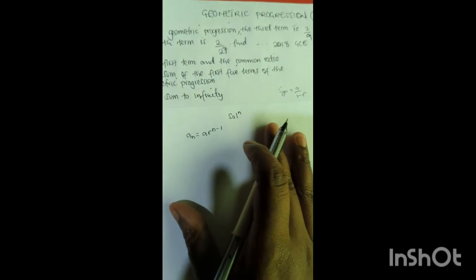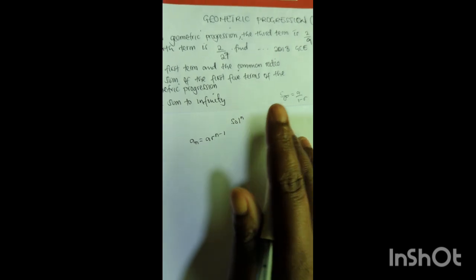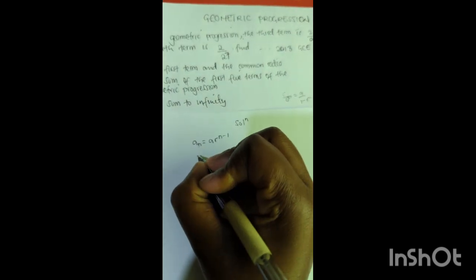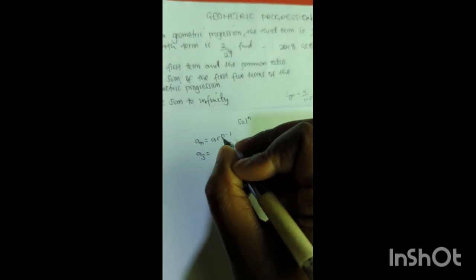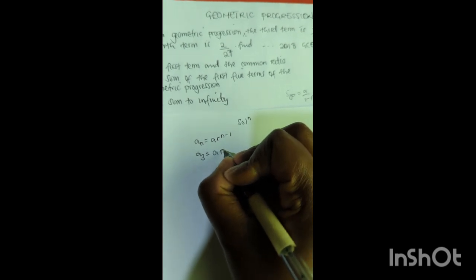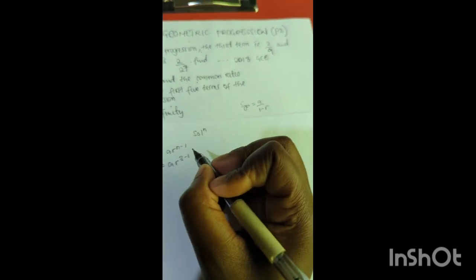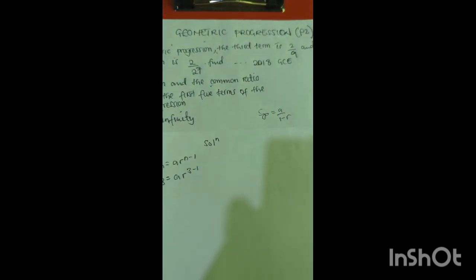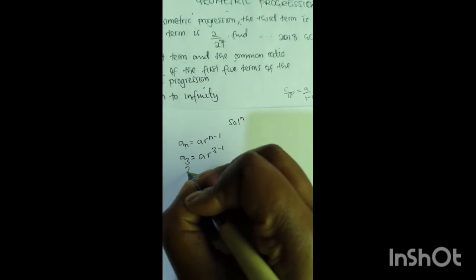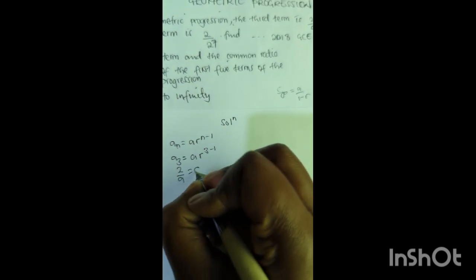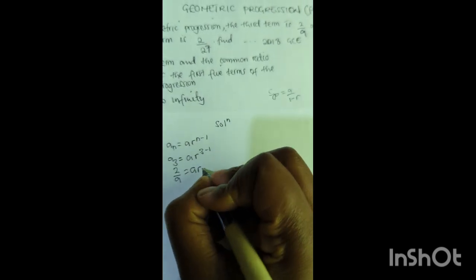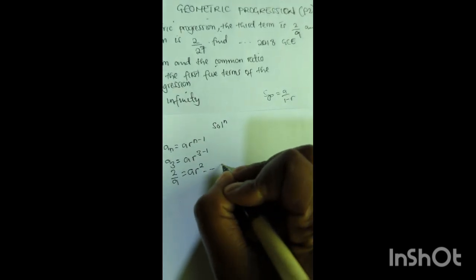For the third term, n is 3, so a3 = ar^(3-1). We don't know a and r, that is what we are looking for. But a3 is given as 2 over 9, so 2 over 9 = ar^2. This will be my equation 1.